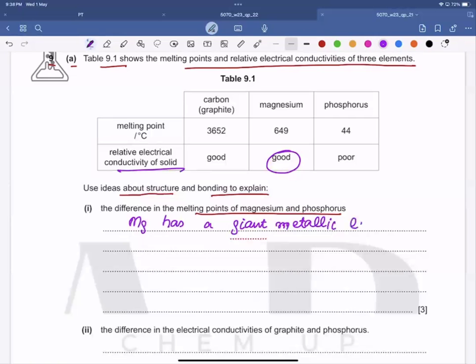So giant metallic lattice, and as it is a good conductor of electricity, I will write a sea of mobile electrons. Instead of mobile electrons, you will write delocalized electrons. Okay.